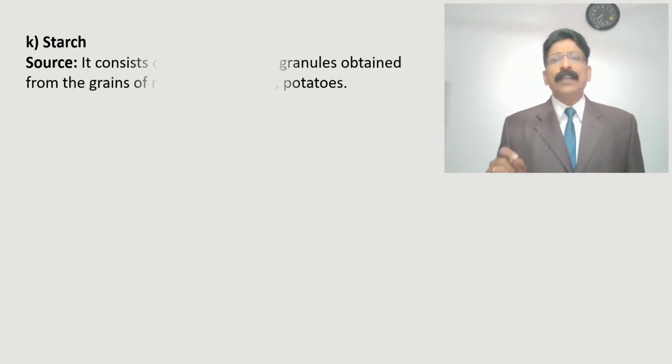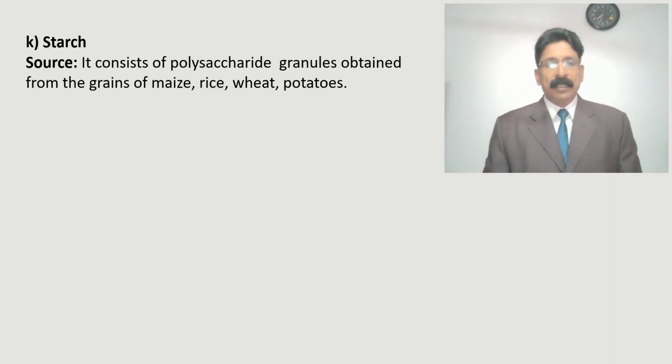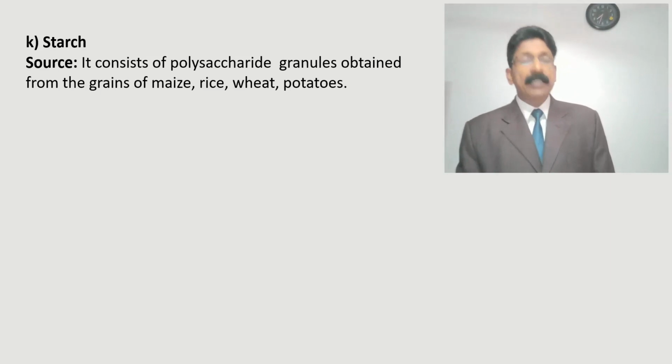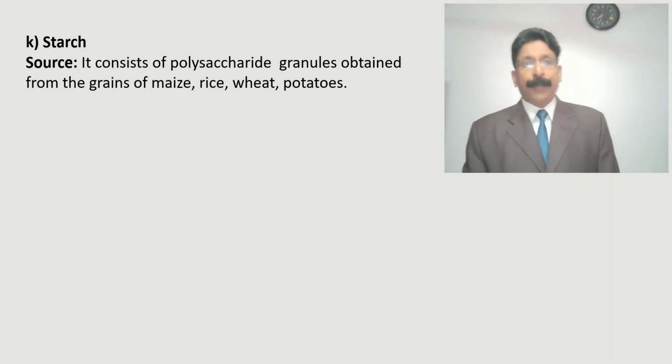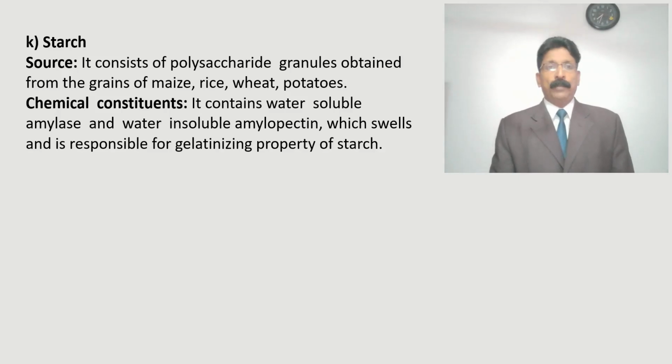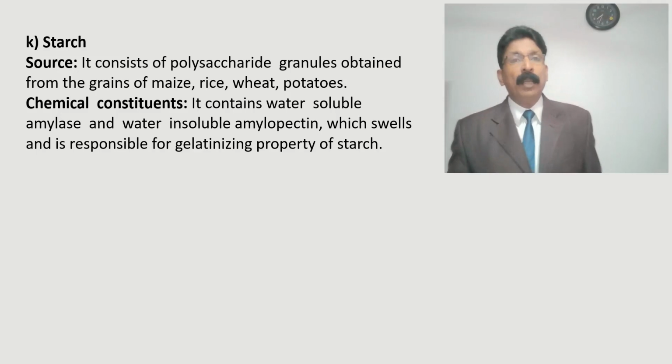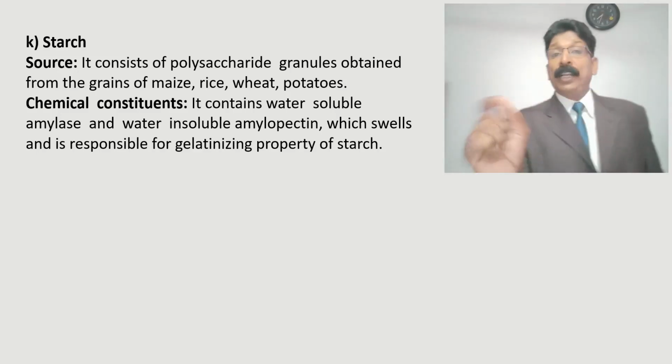Starch, we know there are many types of starch obtained. It consists of polysaccharide granules obtained from the grains of maize, rice, wheat, potato, tapioca. There are many other sources also available. The chemical constituents are water soluble amylose and water insoluble amylopectin.